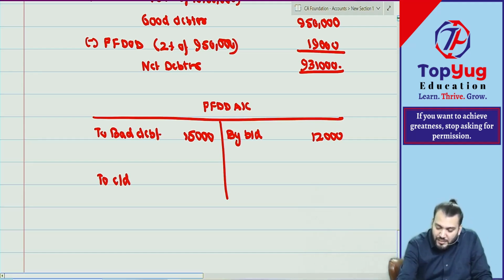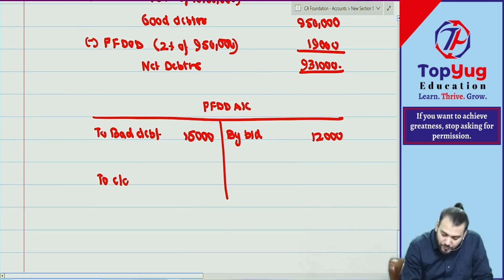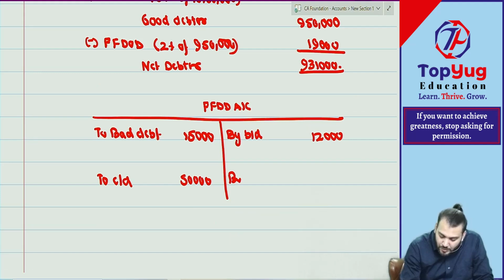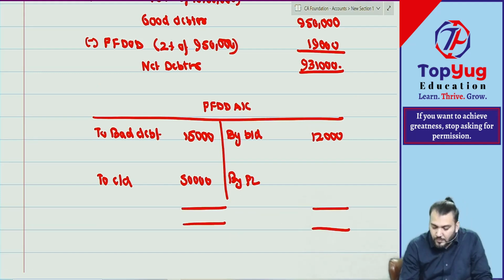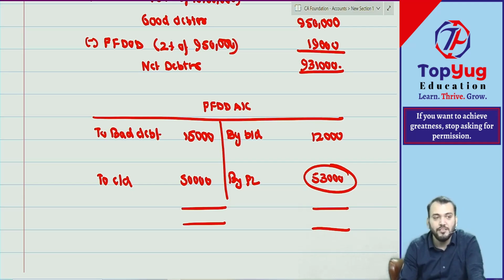What is the closing balance? Can I say 50,000? This 50,000 is the closing balance, no? So we write down 50,000 closing balance. So how much by PL? 53,000. Understood this point? Correct.